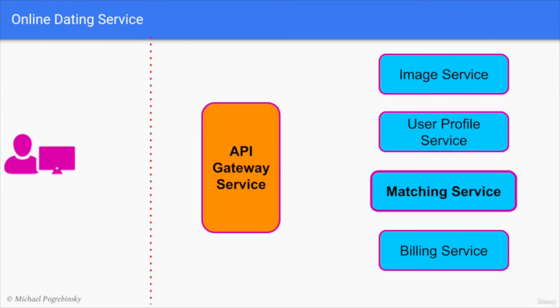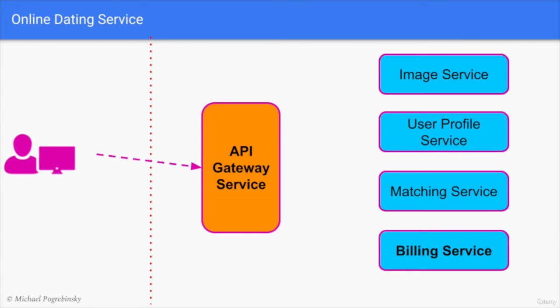The matching service is responsible for matching different users based on the rules that we define, as well as the preferences that the users define in their profiles. And finally, the billing service is responsible for everything related to charging the users money for the services they're consuming.